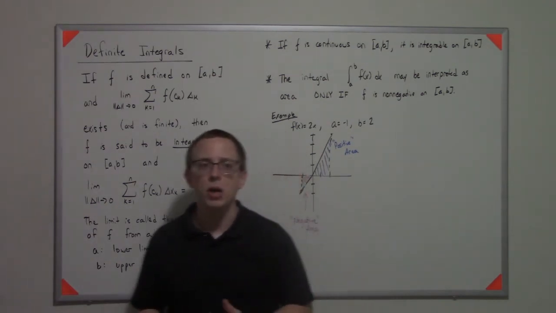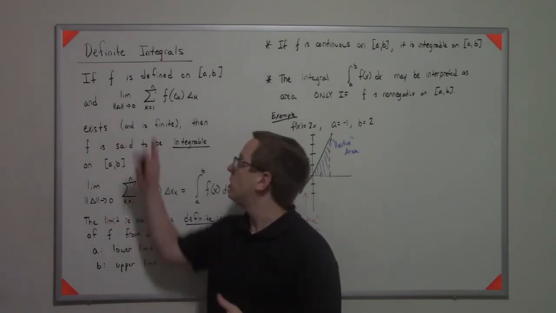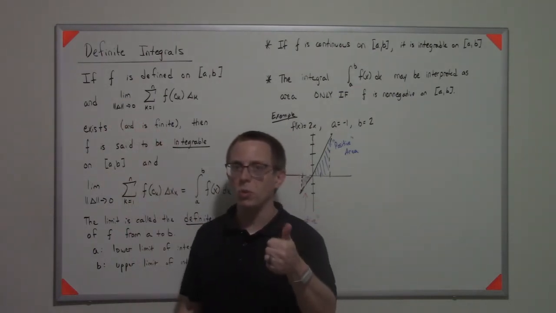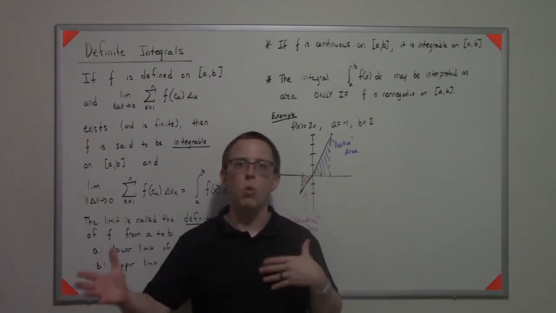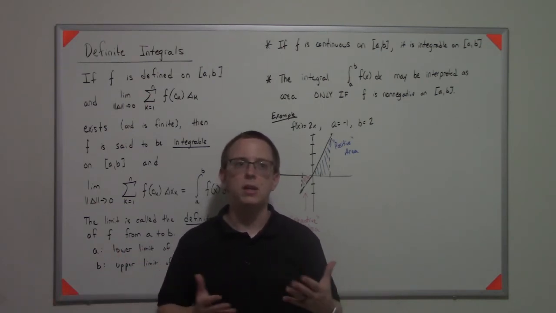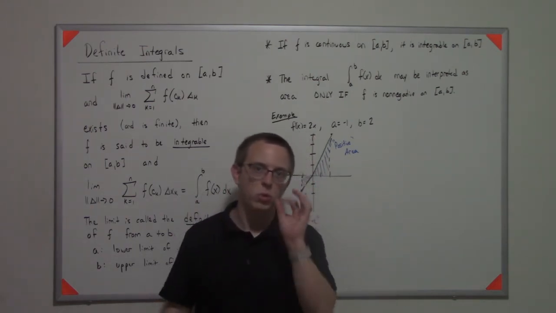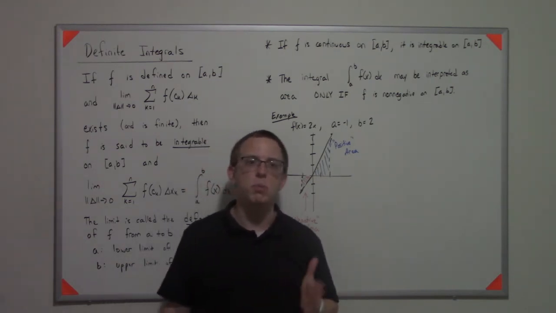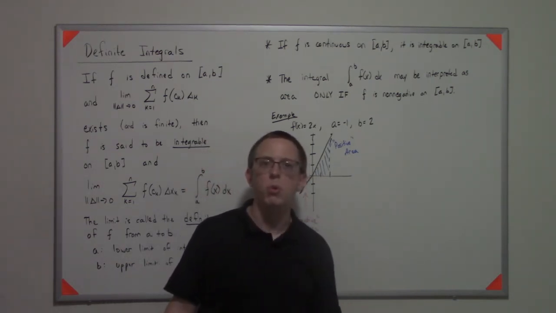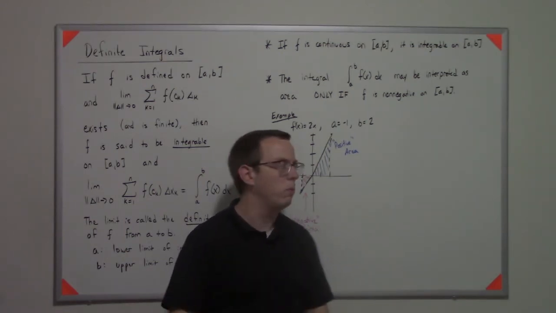Well, it matters because if I'm picking my partition, and I know it's integrable, I can pick a partition that's evenly spaced. I don't have to worry about whether or not that's an edge case and somehow accidentally works. You can pick the left endpoint or the right endpoint for the function value. It doesn't matter. It's guaranteed to be integrable. Super helpful.